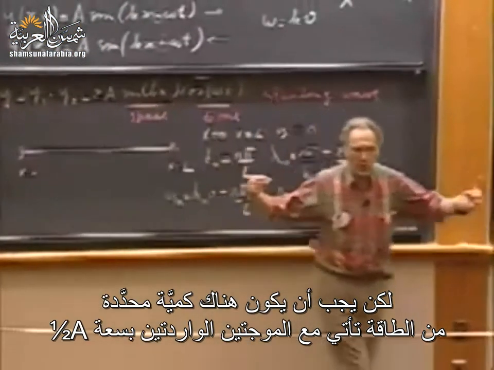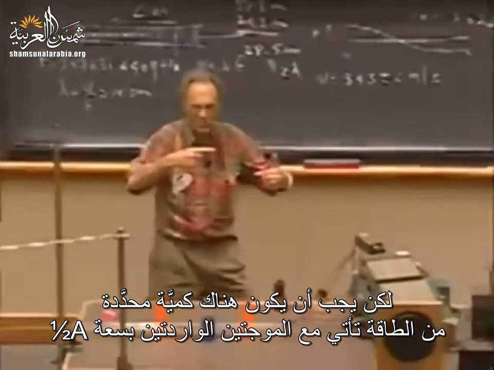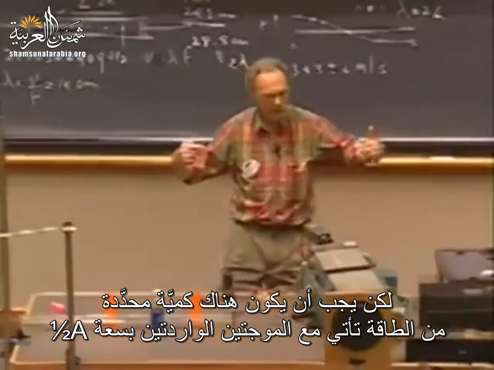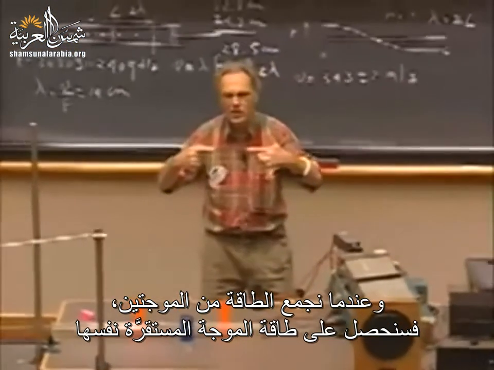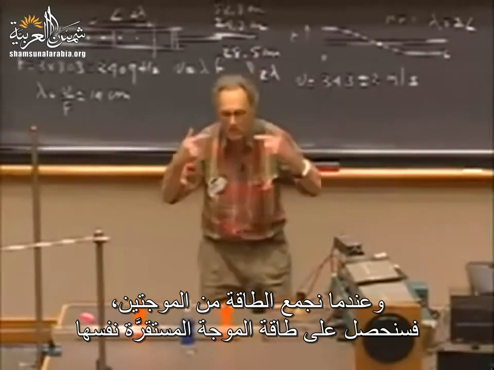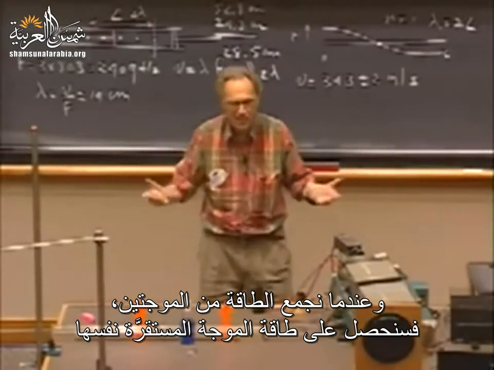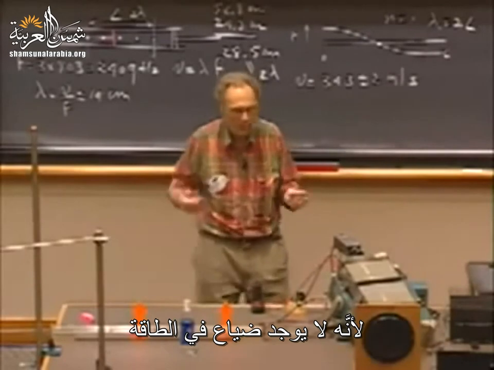But there must be a certain amount of energy in that wave that comes in, which is 1/2 A, and a certain amount of energy in this one. And when you add those energies up, you must exactly get the energy in a standing wave, because no energy was lost.